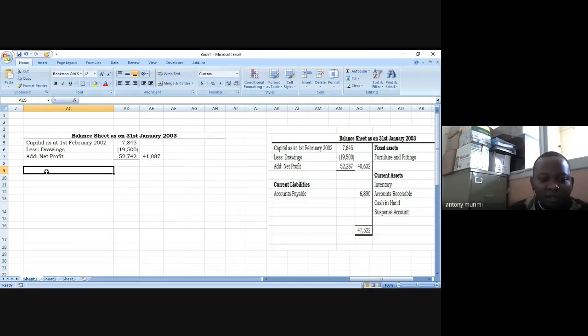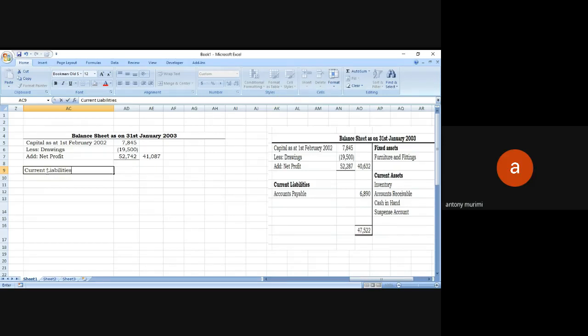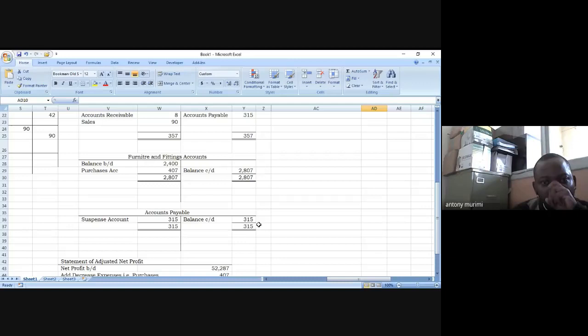Then you have our current liabilities. In our case, we have accounts payable. Oh, there was a mistake here.